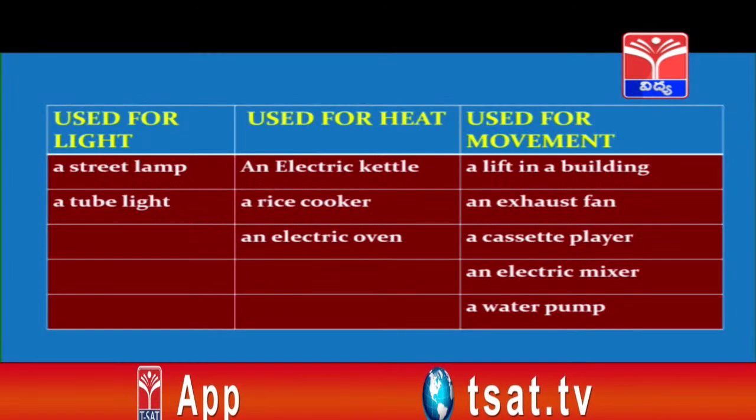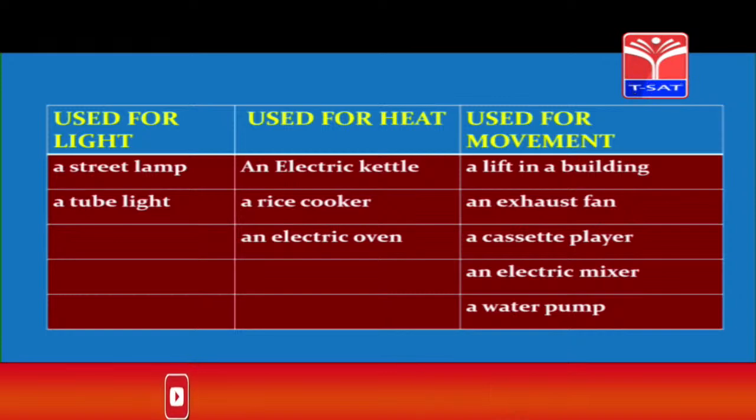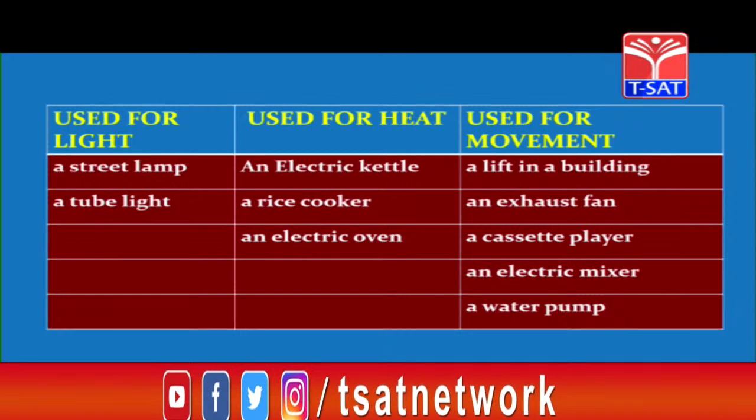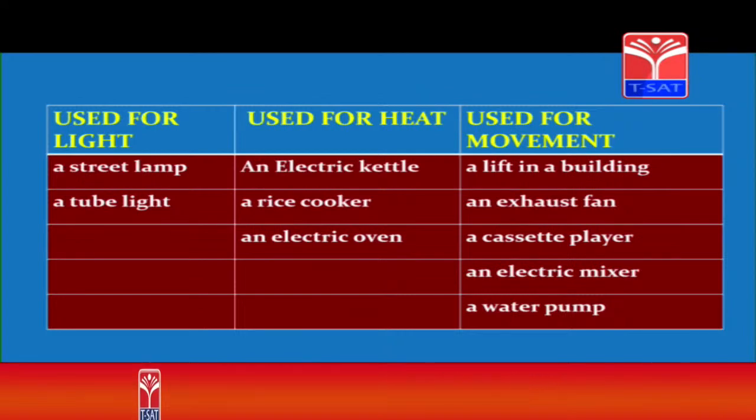Let us see. Here is a tabular column in which I have categorized all the items. Now the items from the above list which are used for light, just check your notebooks. Used for light are the street lamp and tube light.